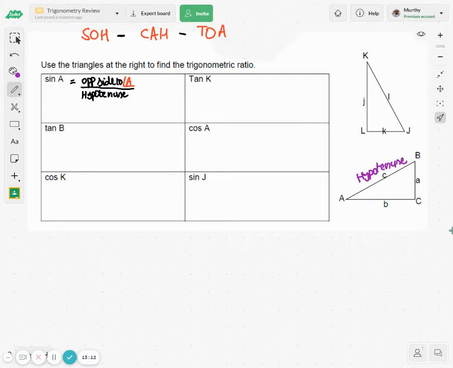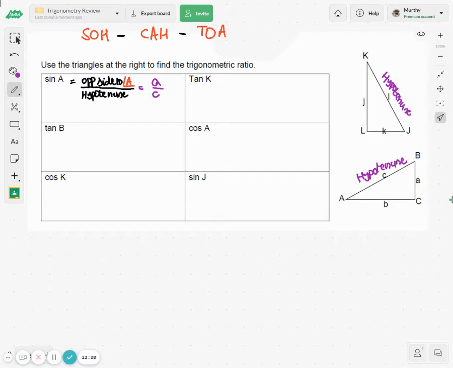So let me write in both the triangles which is the hypotenuse. Opposite side to A, you see that this is the opposite side, which is BC. I'll say that this is small a over hypotenuse. I see that it is small c, therefore a over c.